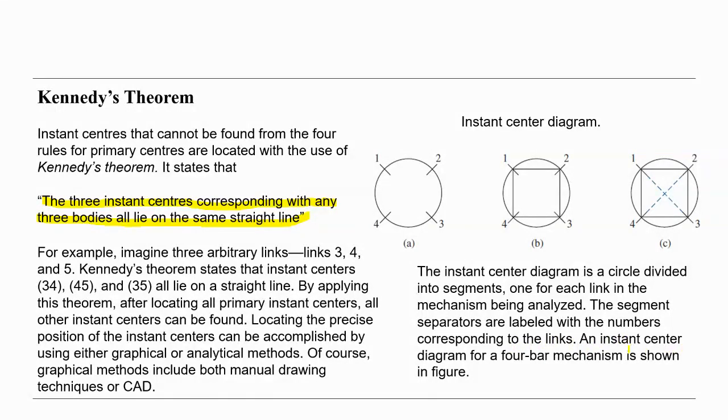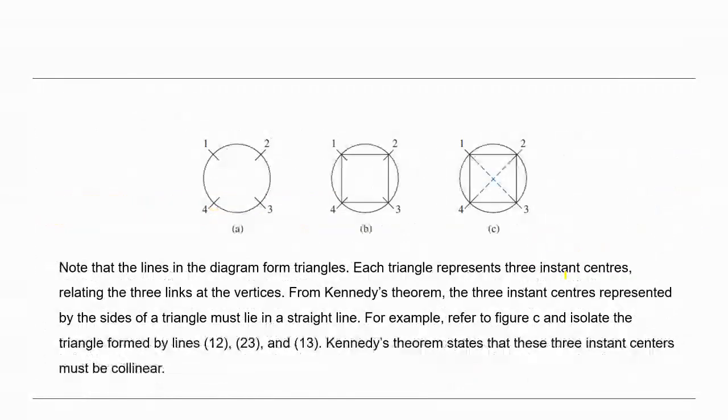An instance center diagram for a 4-bar mechanism is shown in the figure. Note that the lines in the diagram form triangles. Each triangle represents 3 instance centers.